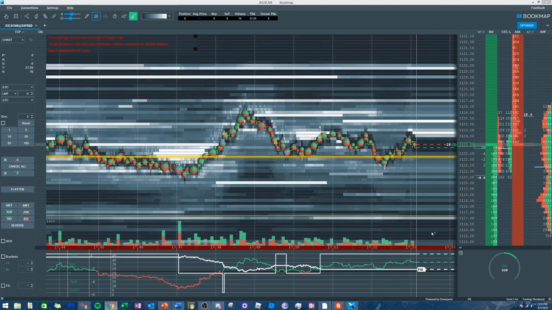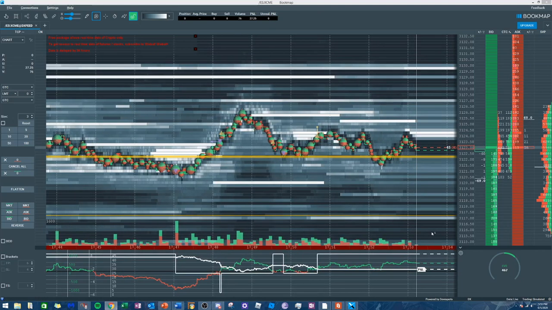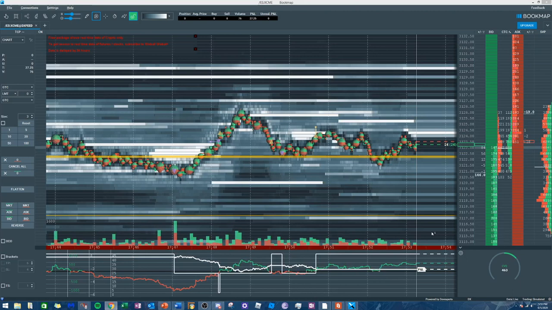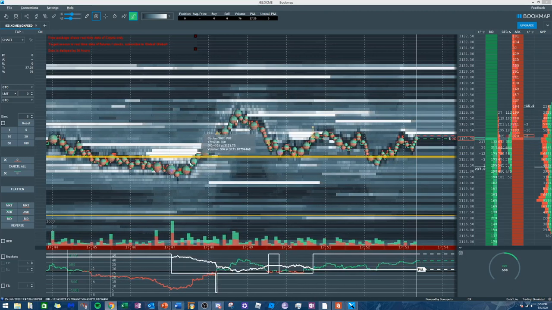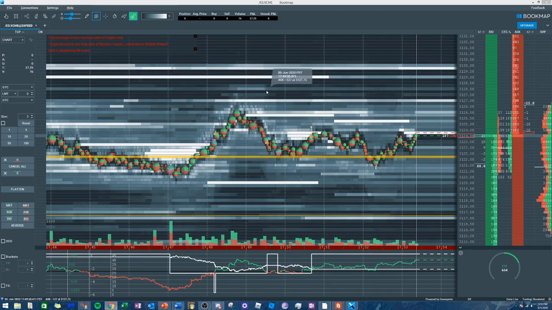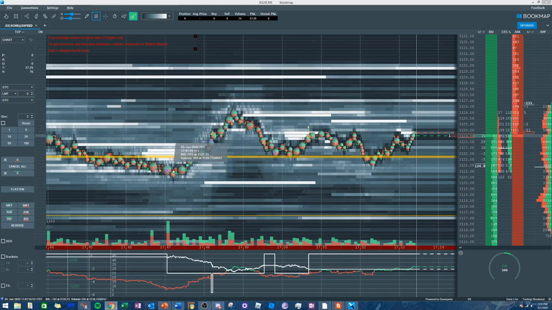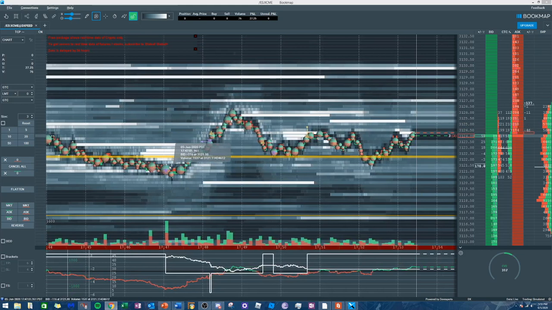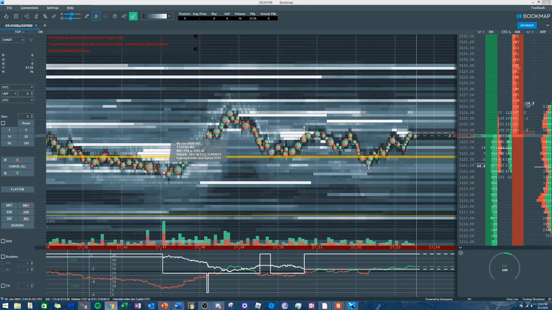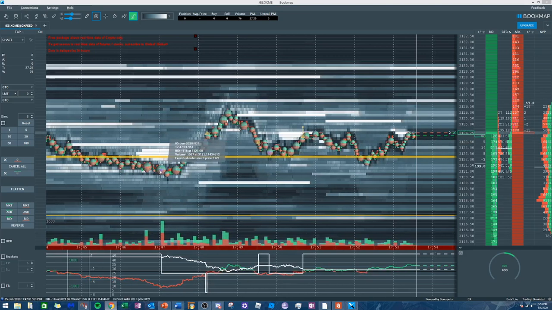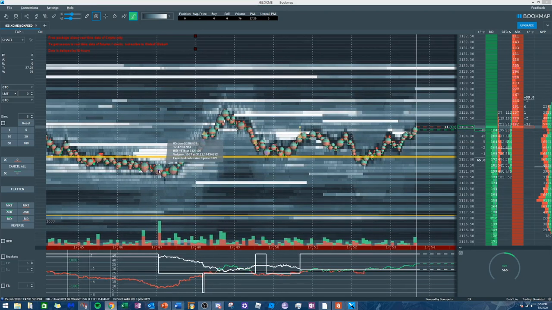It is really, really fun and interesting, and it really gives you an enormous amount of data to work with. You can really see this really strong push right here. You can see the strength that is being exhibited by the market in a way that you might not be able to with traditional candlesticks. Just look at the volume right here. And you can actually get alerts that will go off when this kind of stuff happens, if a certain level of volume is hit.